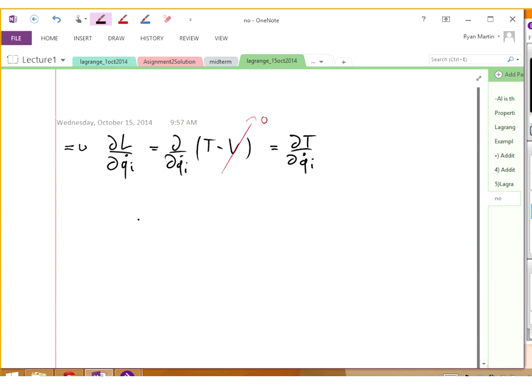So let's calculate ∂T/∂q_i dot given the form that we just imposed on T. So that's ∂/∂q_i dot of the sum over j up to N, the sum over k up to N of A_jk q_j dot q_k dot.